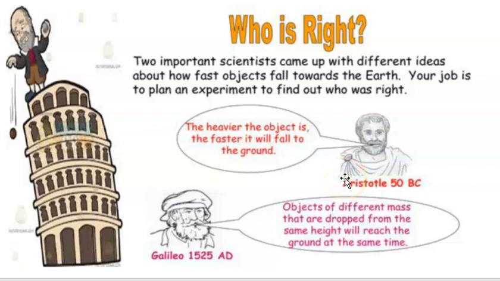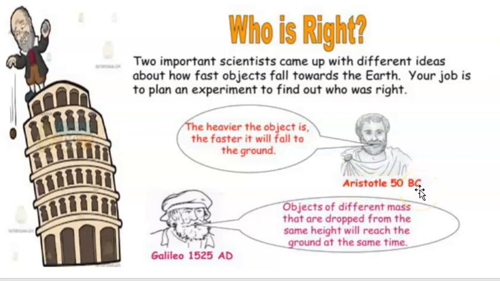Now, students, it's quiz time. Observe, think, and answer. Who is right? Two important scientists came up with different ideas about how fast objects fall towards the earth. Your job is to plan an experiment to find out who was right.